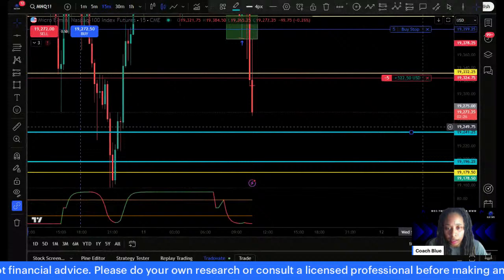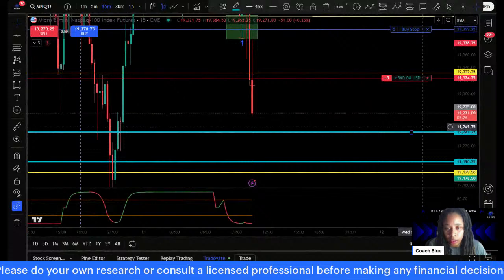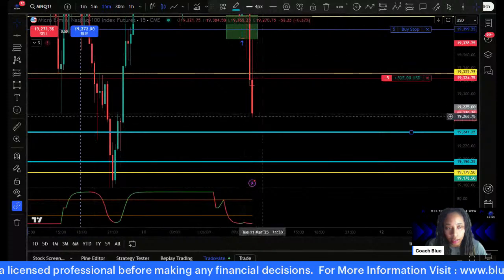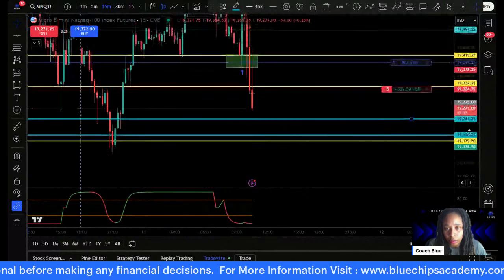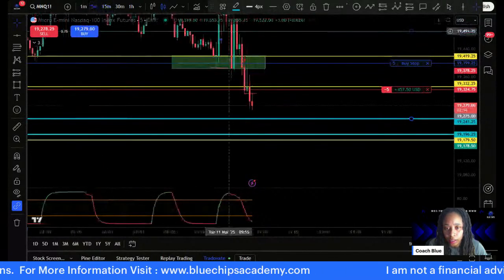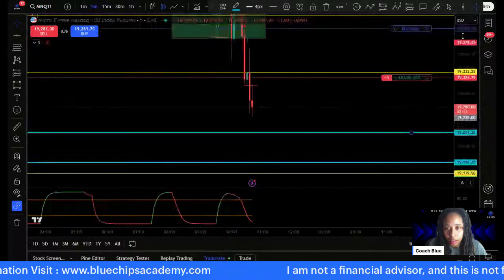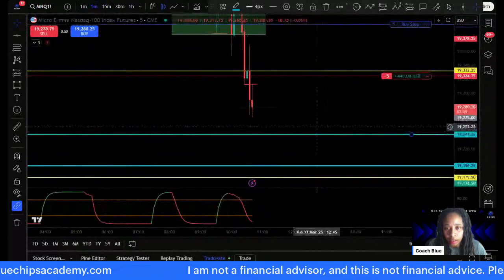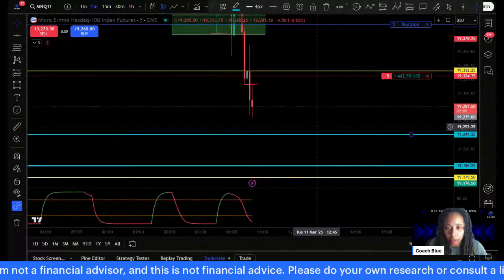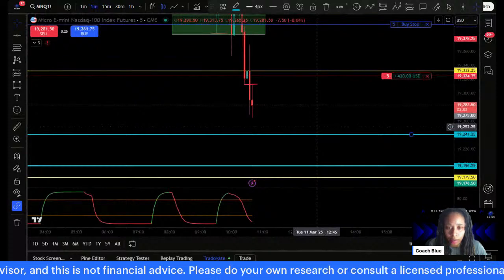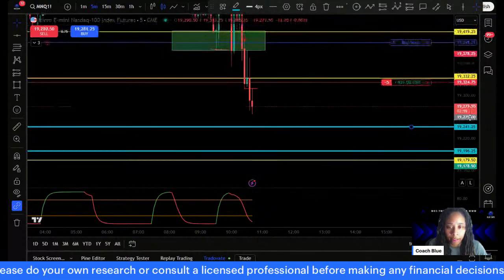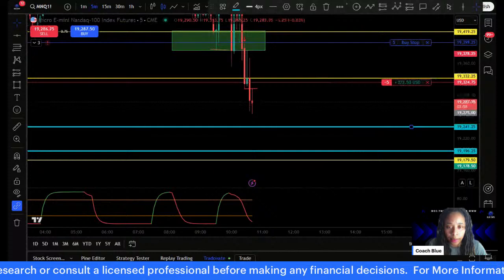Looks like it's trying to create some lower lows here. Nice strong red candle. Let's see what we got going on the 5. Still getting some continuation here. Not bad, not bad.